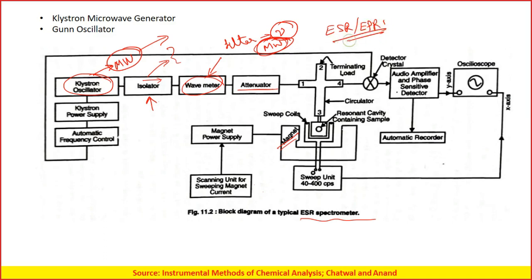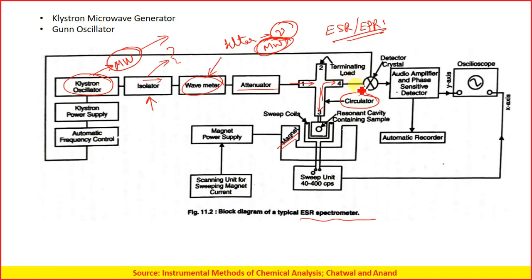Now, once it enters over here, there is a circulator. Initially, the microwaves move into this circulator in this fashion, and then move towards arm 3. Through this arm 3, it comes over here, interacts with the sample, and then moves out towards arm 4.